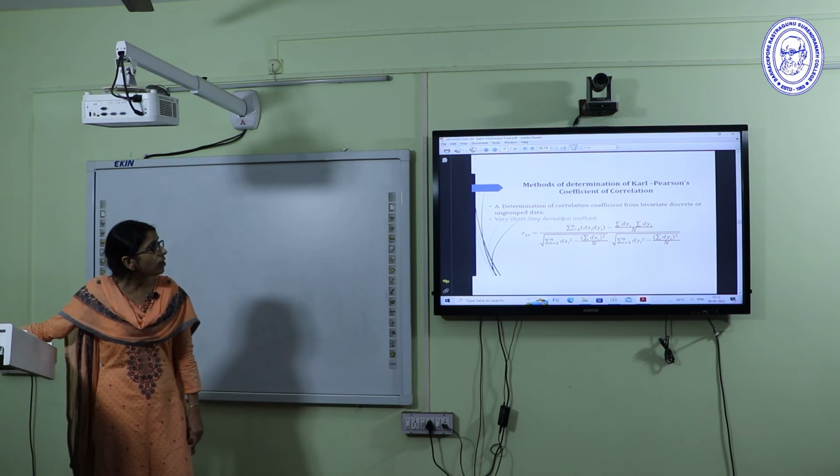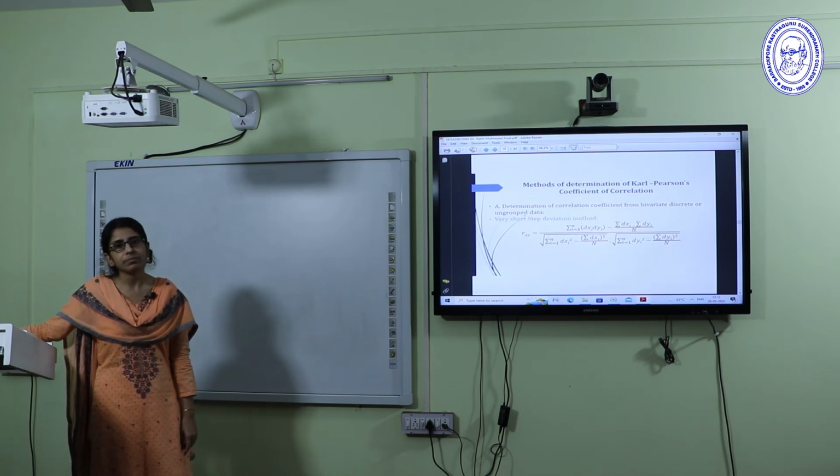Then we go for the step deviation method. When we talk about this, there is a very short step deviation method.